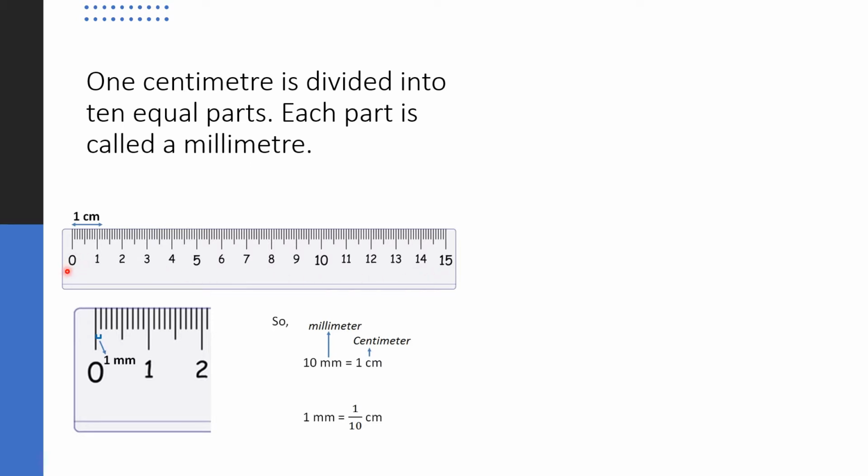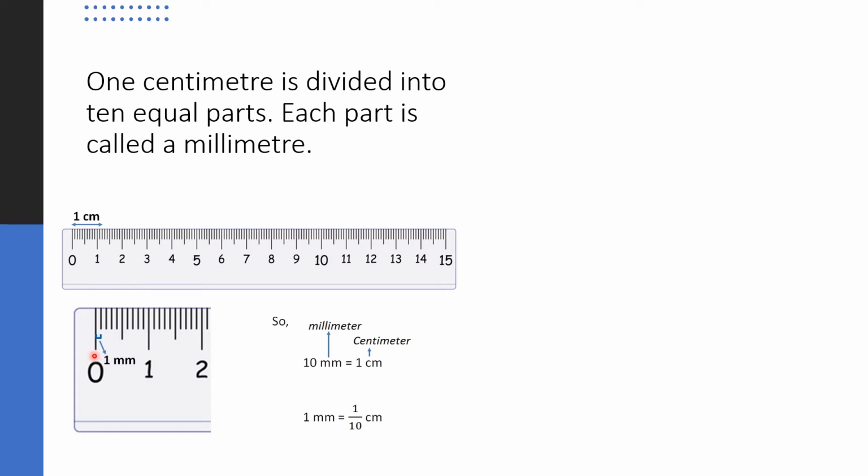Here, between 0 and 1, there are small lines given. Here it is 0 and here 1, then 2. Here bigger lines are there and some smaller lines are there.